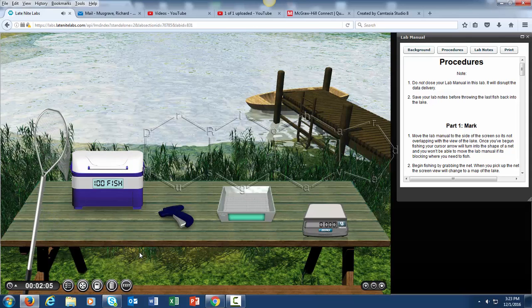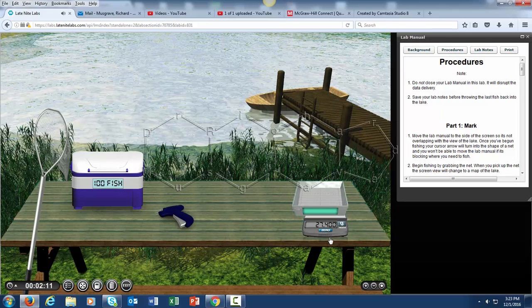Alright, so I've caught all these fish now. Now the idea is I'm going to put this tray on the balance and measure the tray. Now it weighs 27.400 grams. I don't want to be taking into account the mass of the tray every time, so I'm going to hit 0. So when I put fish on it, I'm just measuring the mass of the fish and that's it.